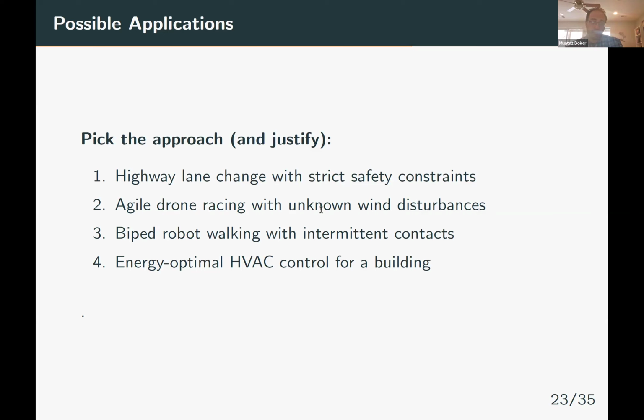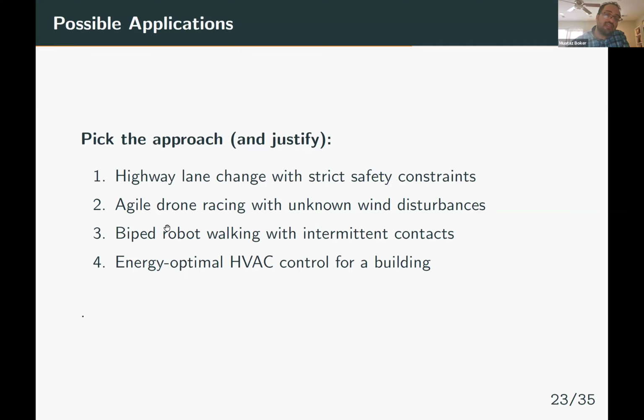The third one is a biped robot walking with intermittent contacts. This is again the humanoid robots, right? I mentioned earlier that these are typical examples where reinforcement learning can make a difference.